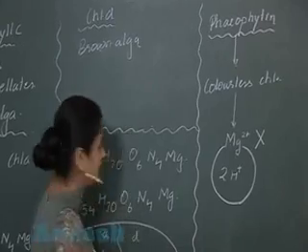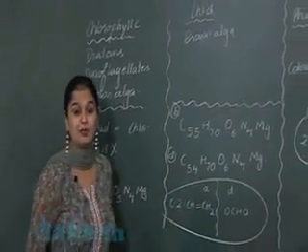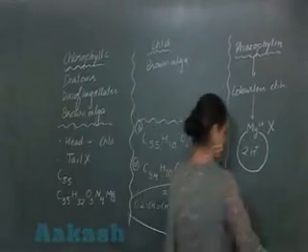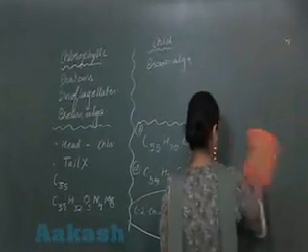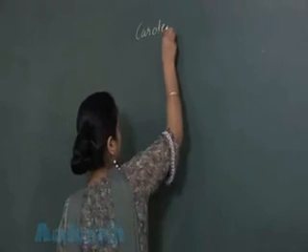So now after dealing with the structure of chlorophyll, let's see some of the important points with respect to the carotenoid pigments. So let's start with the carotenoids.